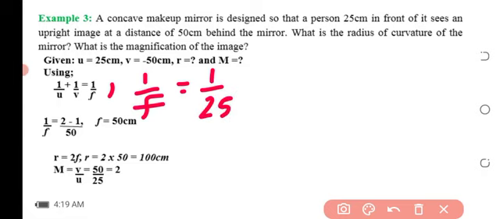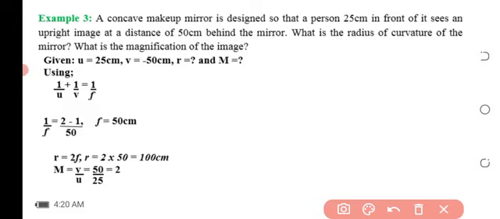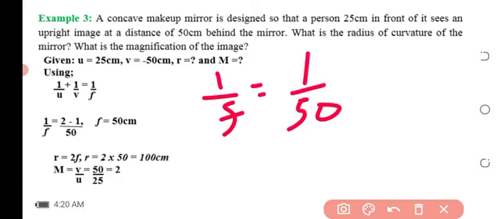This time around, we have plus in the equation, but 50 is carrying minus, so that is why we're going to have minus 1 over 50. Finding the LCM, the LCM will be 50. Now 25 and 50 will be 2, while 50 and 50 will be 1. So 2 minus 1, that is 1. So we have 1 over f equal to 1 over 50, and that is why our f is equal to 50 centimeters.